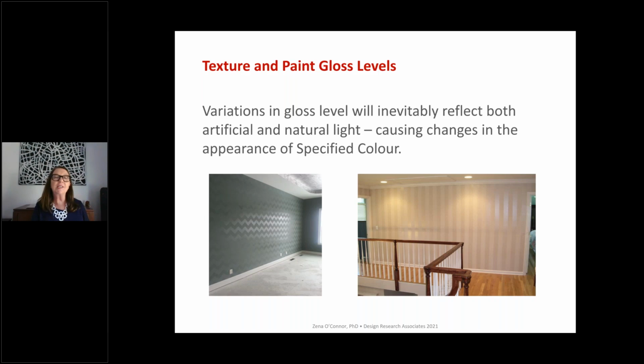And you can notice that some of the reflections are warm coloured, like the warm coloured light from the lights above, and sort of a cool reflected light from the artificial light that it's reflecting. So these can add a level of warmth or a level of coolness to the specified colour. While these variations may be intended, it's good to know that different qualities of light will have an impact on appearance of specified colour, as will different qualities of satin, semi-gloss and full gloss paint.